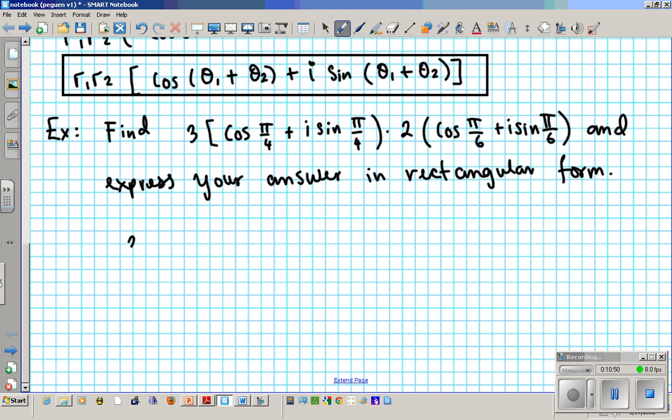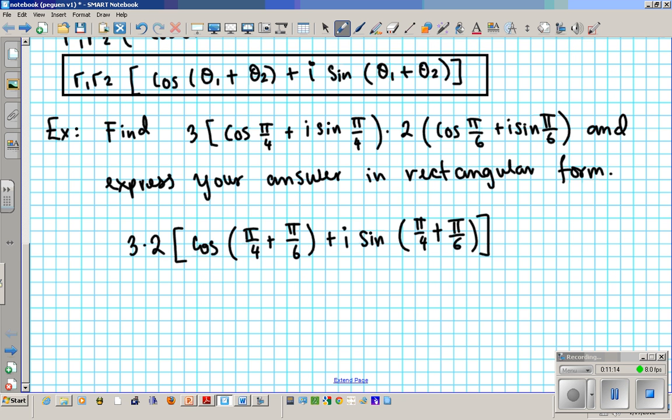It's going to become 3 times 2 on the outside, times cosine of the sum of the angles, pi over 4 plus pi over 6, plus I sine, the same thing, pi over 4 plus pi over 6.